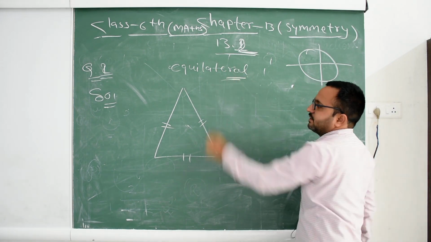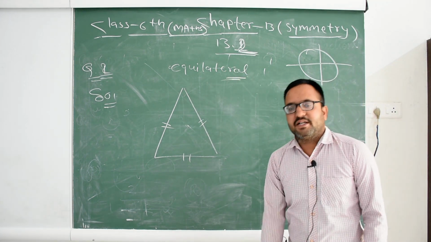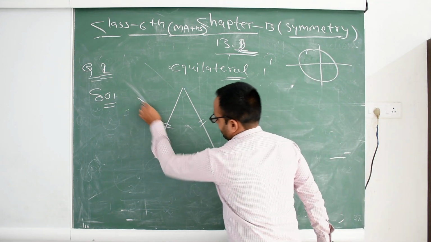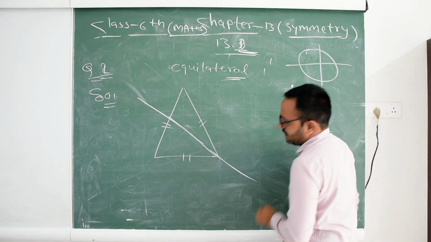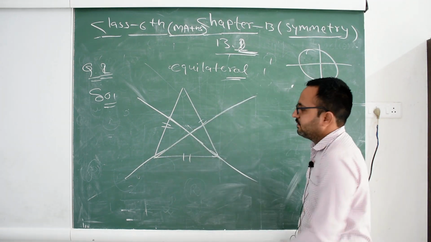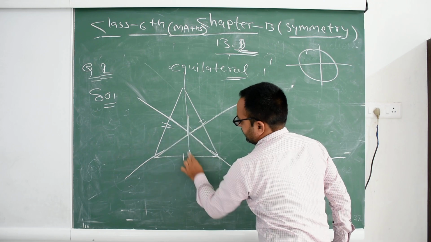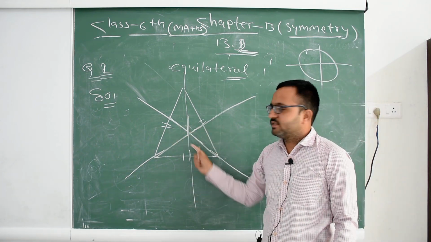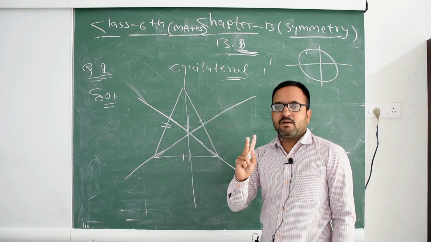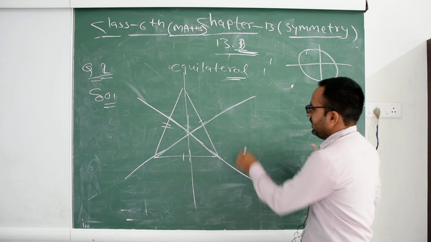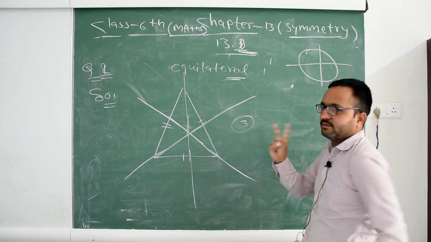Okay, in an equilateral triangle, how many lines of symmetry can we draw? Okay, so 1, 2 and 3. Okay, because all three sides are equal, so we draw three lines of symmetry in an equilateral triangle. How many lines of symmetry? 3.